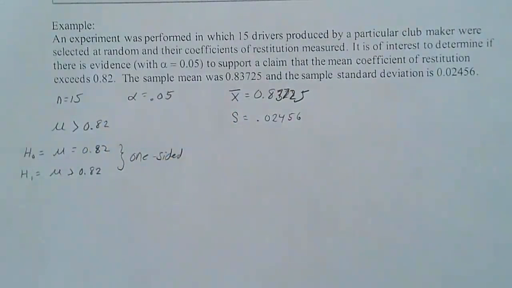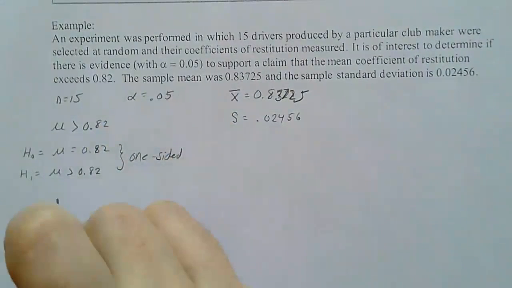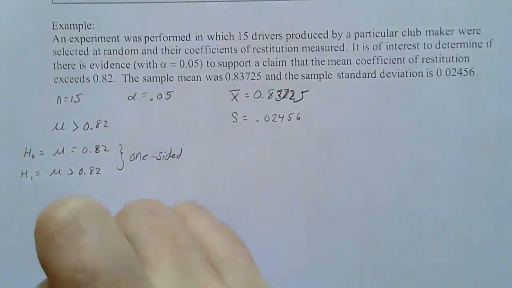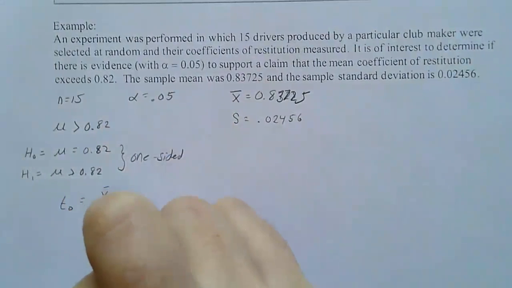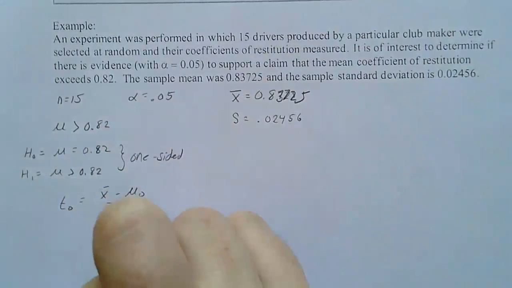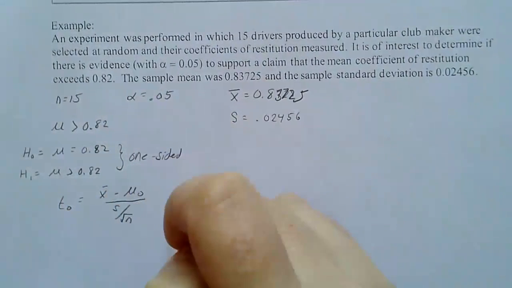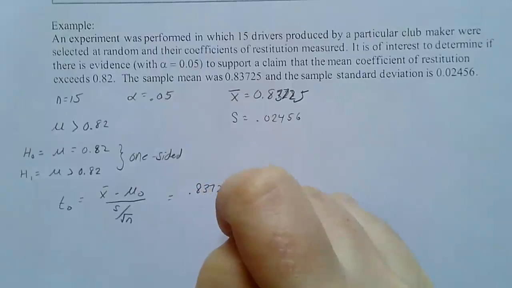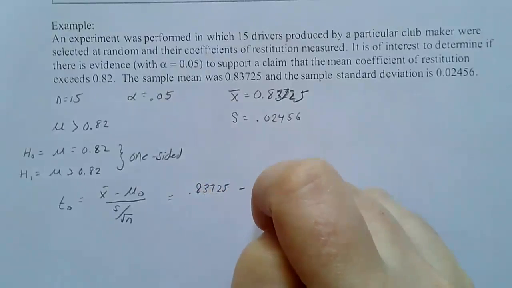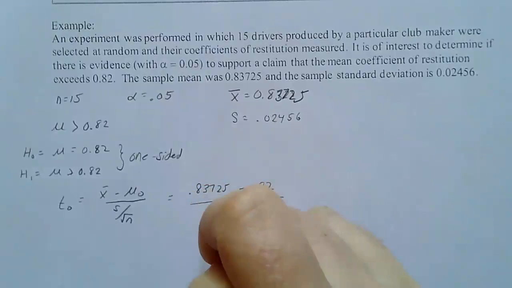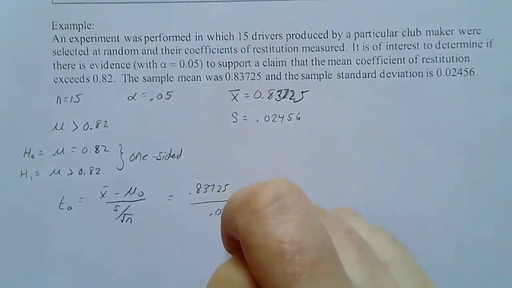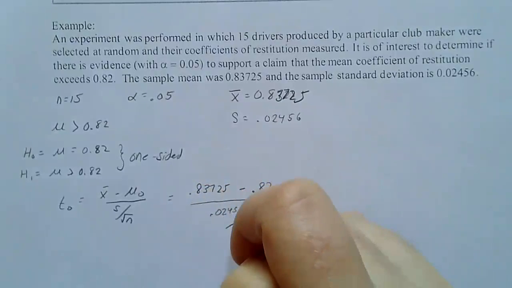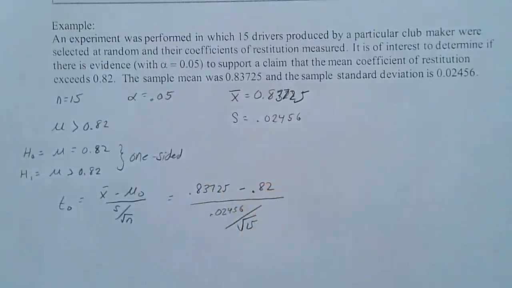With a one-sided test, we're going to calculate our t-test statistic, and we know that's equal to x bar minus mu naught divided by s over the square root of n. That gives us 0.83725 minus 0.82 divided by 0.02456 divided by the square root of 15.